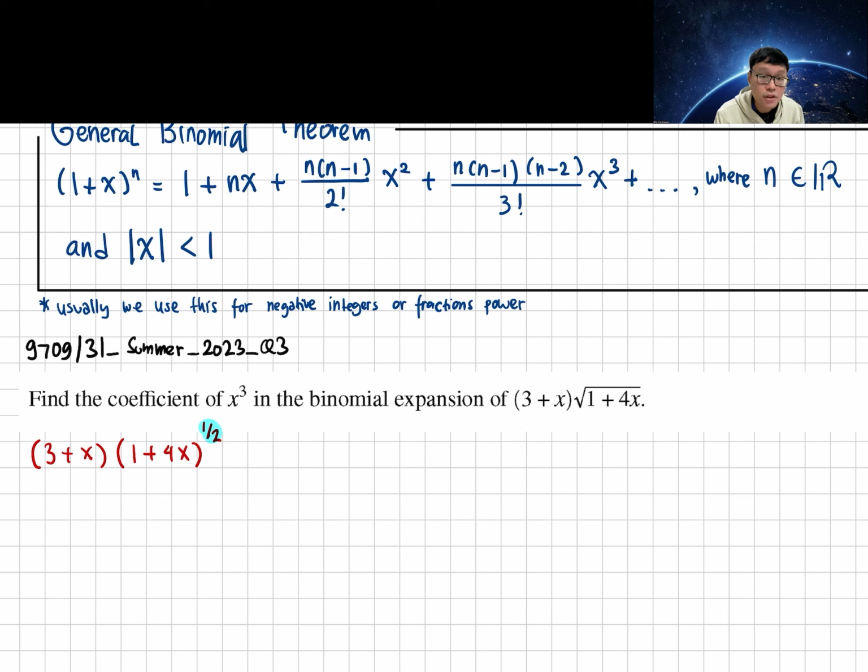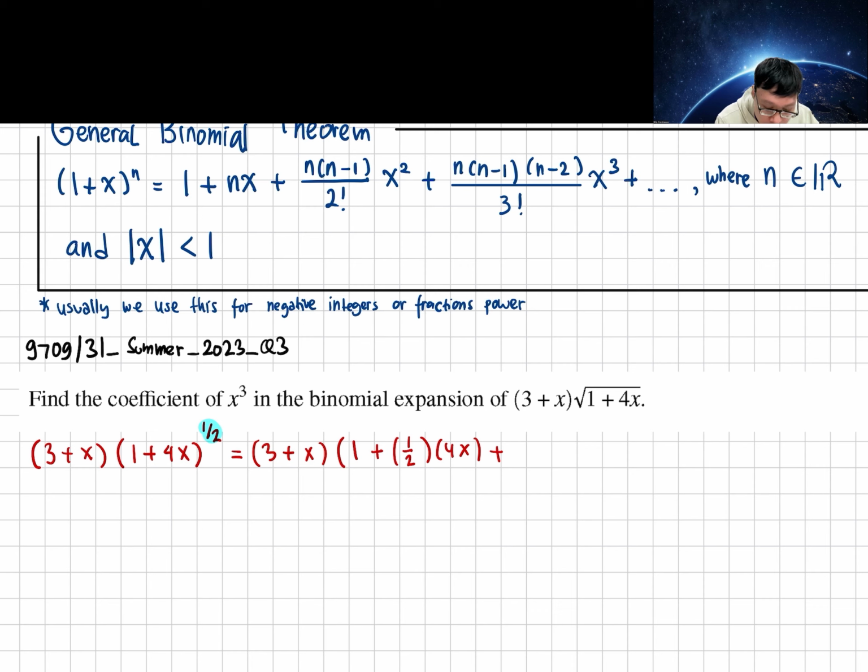But it's a bit different if you look at the formula. This is 1 plus x, and this is 1 plus 4x. So you just need to replace x with 4x in the formula. That gives you (3 + x) times (1 + 4x), where the first term is 1, plus nx, so n is half, and you replace x with 4x, giving 4x.